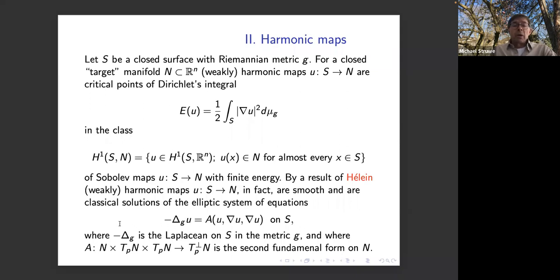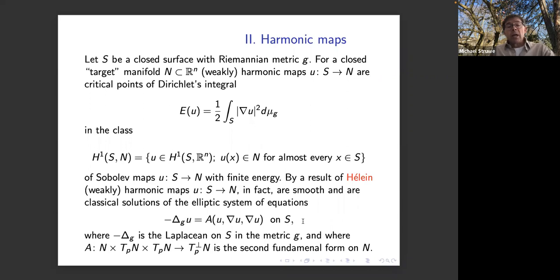which you can write down in this way using the second fundamental form A of the target manifold viewed as a submanifold of the ambient Euclidean R^n, and where delta G is the Laplacian on S in the metric G. This elliptic system just states the condition that the Laplacian of U, which you evaluate on all of the components individually, and then you get a vector consisting of the values of the Laplacian of U1 up to Un at every point.